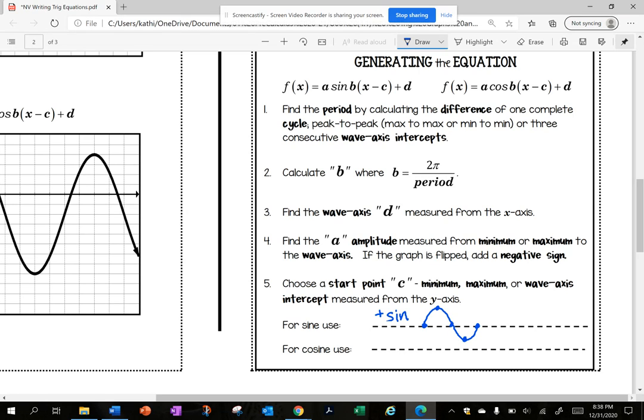So these would be my 5 defining points. For a minus sine wave, I again start on the wave axis, but this time I go to a minimum first and come up to a maximum and end on the wave axis. So these are my 5 defining points.